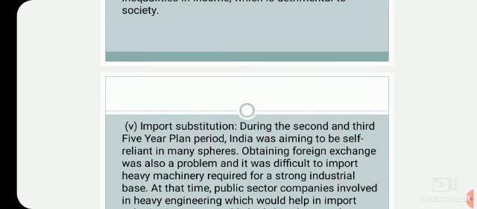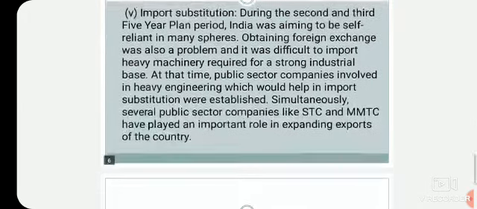Simultaneously, several public sector companies like STC, State Trading Corporation, and MMTC, that is Minerals and Metals Trading Corporation, have played an important role in expanding exports of the country.